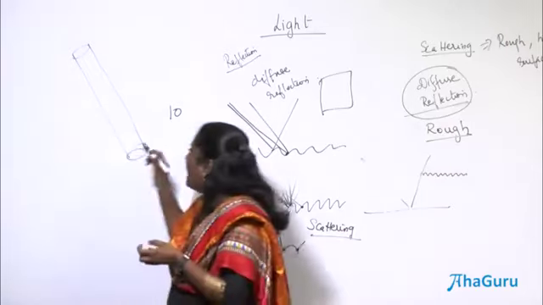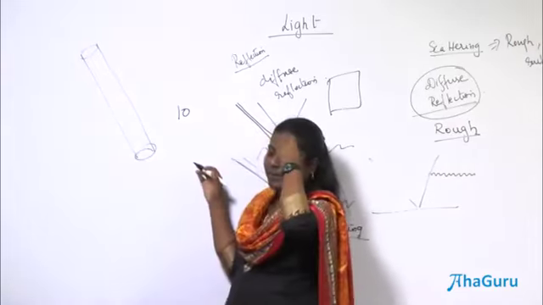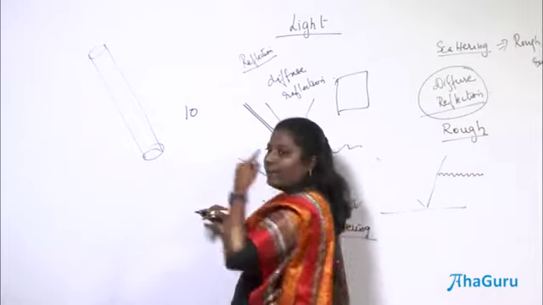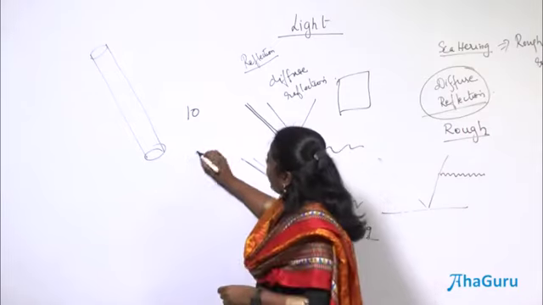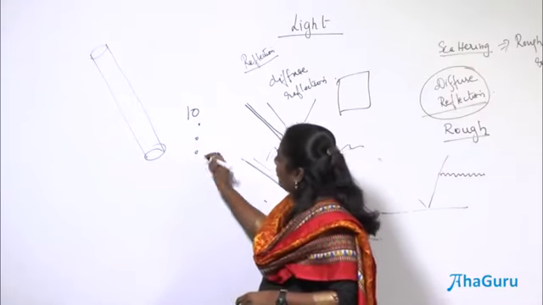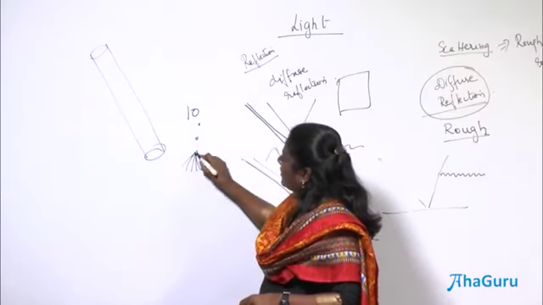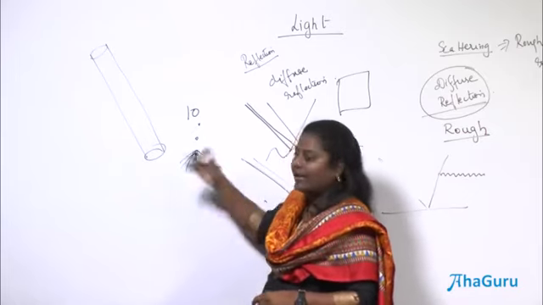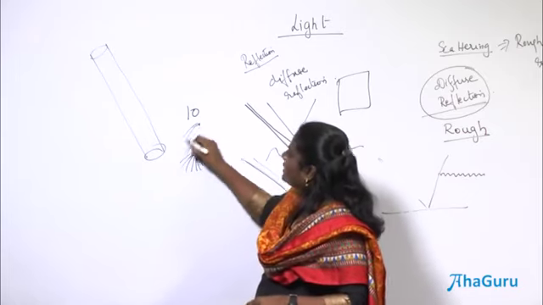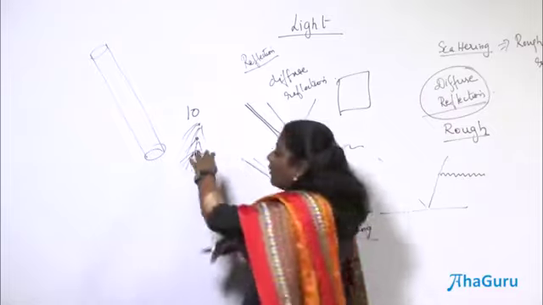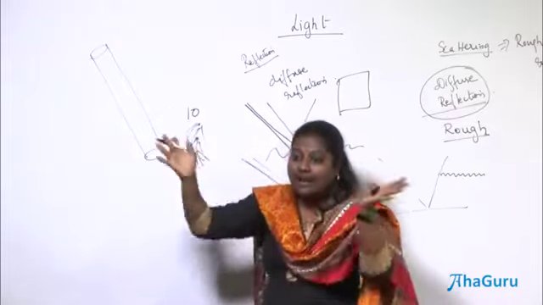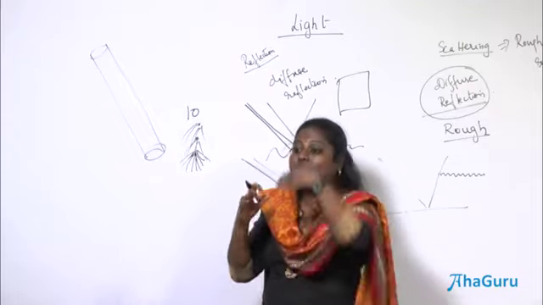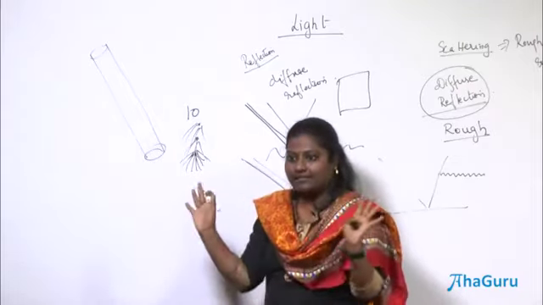Let's assume from my head it is going, from my nose it is going, from my cheek it is going. Now each of these points sends out some 10 to 15 rays. This one also sends out, this one also sends out. So each of these is acting as a separate source and sending out rays. Thus the scattering happens. So you can't see a difference between eyes, nose and cheek, nothing.